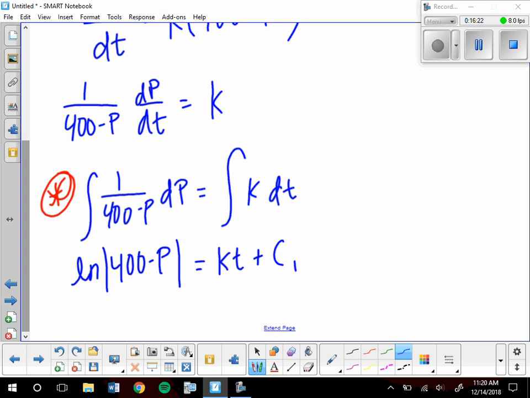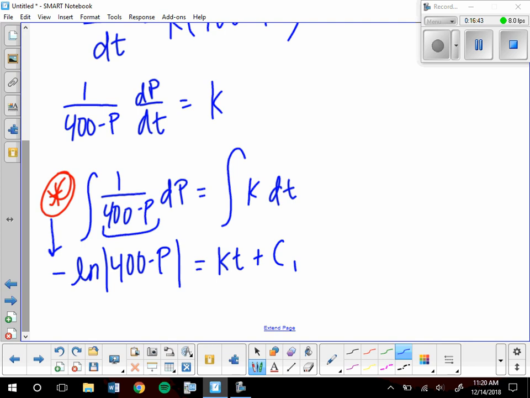But if you were doing u-sub, notice that your u would be 400 minus P. Your du would be negative 1. So we do need to multiply by a negative to counteract that inner function of 400 minus P. This is so important, this negative right here.